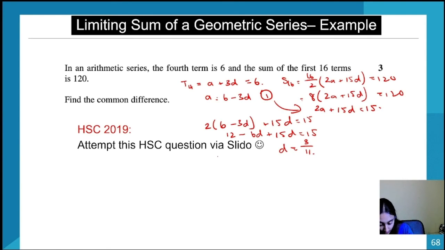Okay, and then my first term will be equal to 6 minus 3 times 3 on 11. Oops, 11, which gets me 6 minus 9 on 11, 57 on 11. Okay, cool.